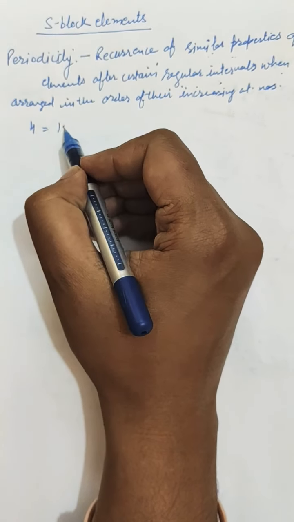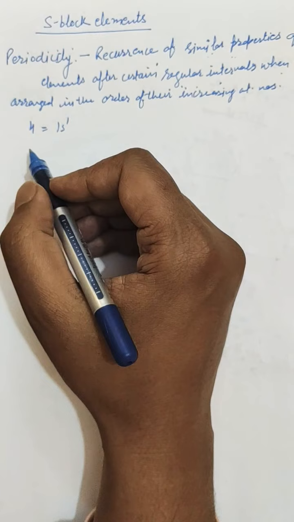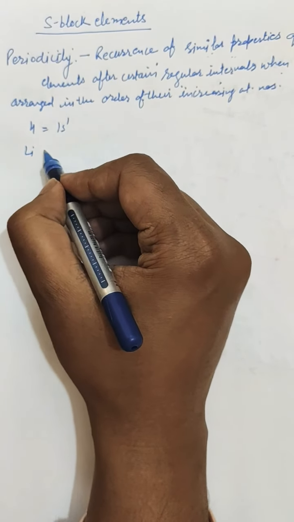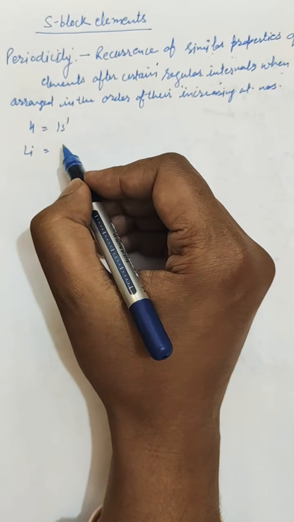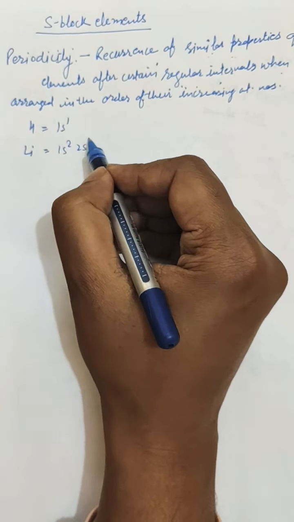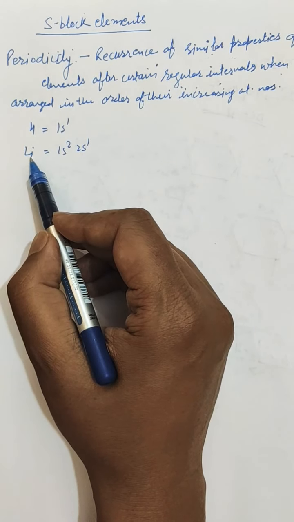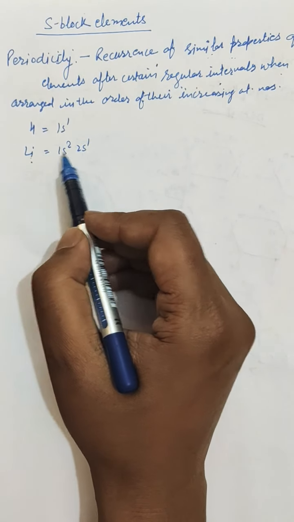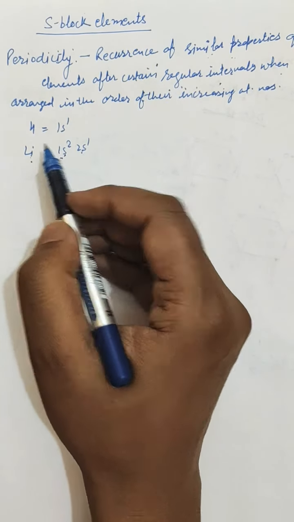For hydrogen we write 1s1, and after hydrogen, the next in the same group is lithium. For lithium the electronic configuration is 1s2 2s1. Why? Because the atomic number of lithium is 3, so it possesses 3 electrons, and these 3 electrons are distributed as 1s2 2s1.